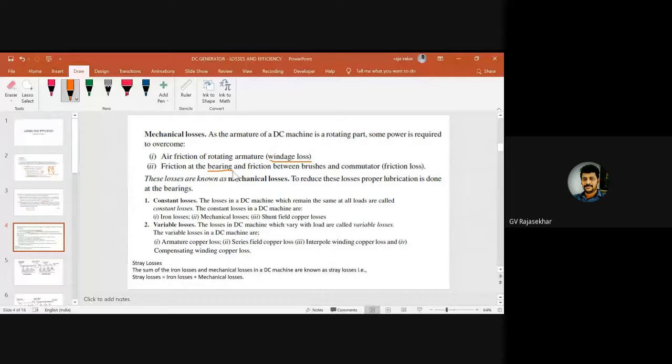Between the bearings and the shaft there will be some friction, which we have to overcome. There is also friction between the brushes and the commutator. This entire friction is considered as friction loss. So windage loss and friction loss are the two losses that occur in the DC machine, and these are termed mechanical loss.